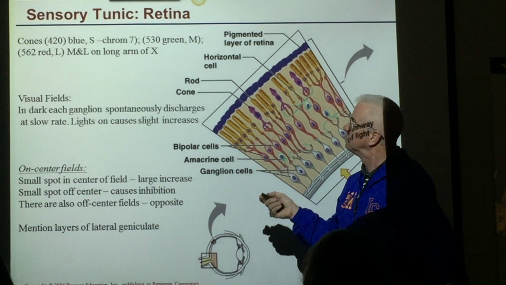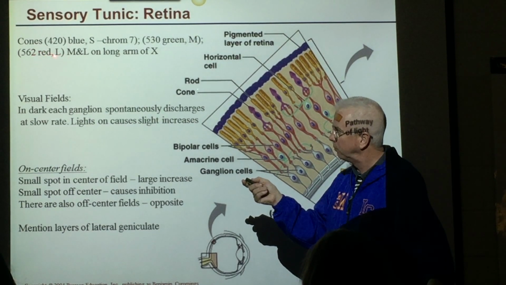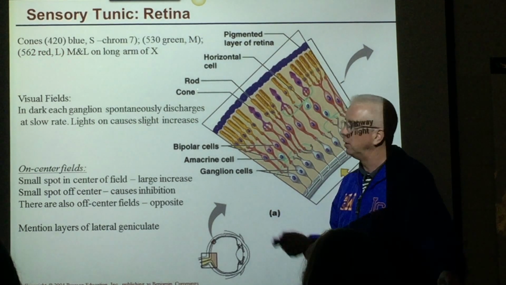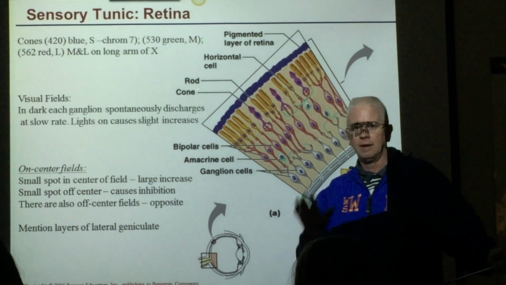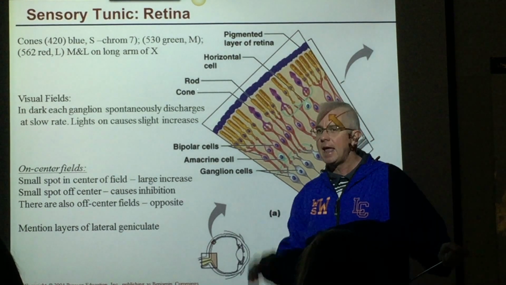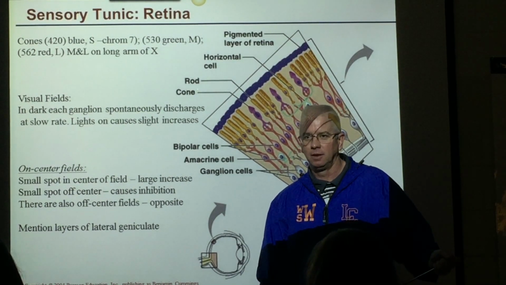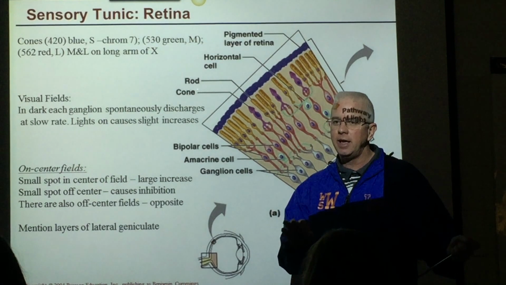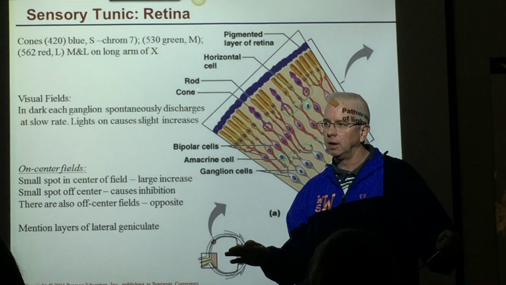530 for the greens. These are called the M cones. And 562 for the reds are the L cones. Now, notice the M's and the L's are along the X chromosome. If I told you that 8% of the male population has either red or green color blindness, protan or deutan color blindness.